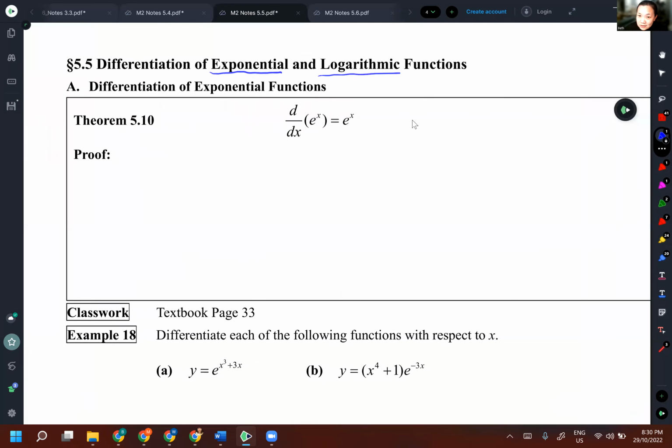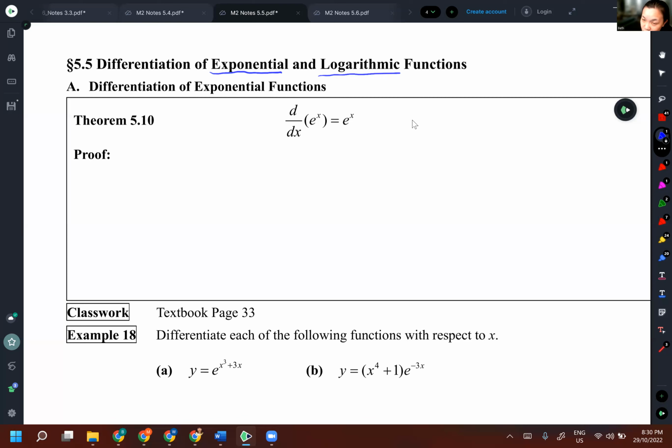If you look at the past year public exam questions, it's very likely the first principle question is one of the basic functions. Very likely. So I try my best to show you every kind, so you know how to find it through first principle. This one we've done before. Let's do it again.